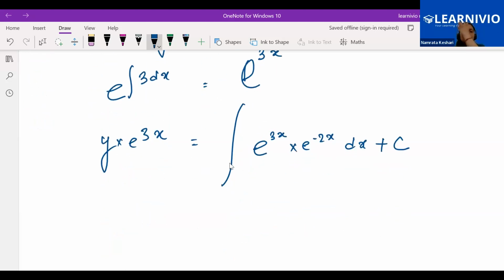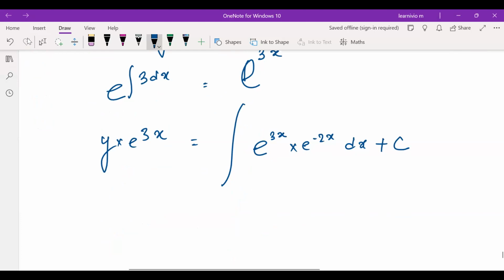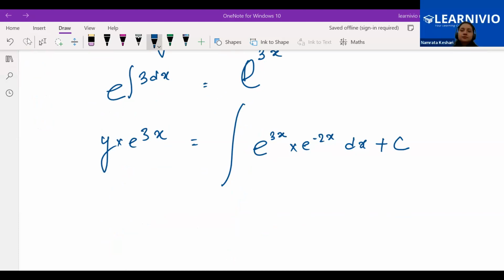Just a second. Yes, e to the power 3x into e to the power minus 2x will be what, Murtaza?